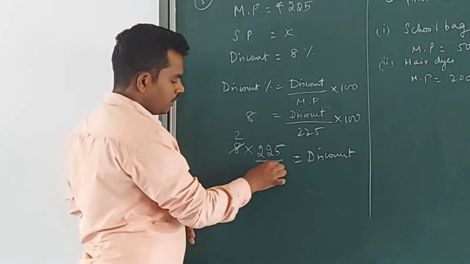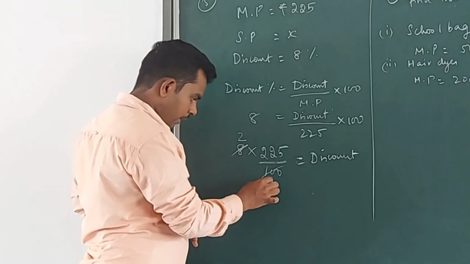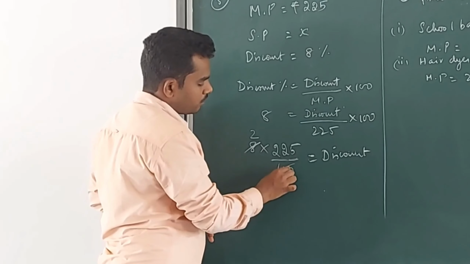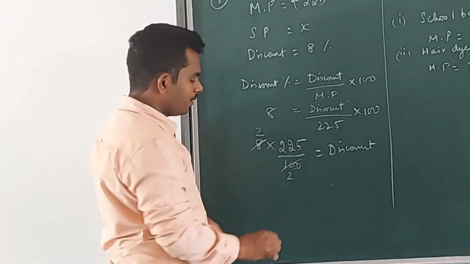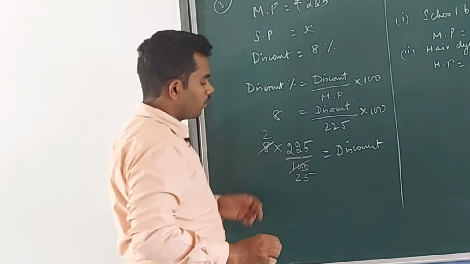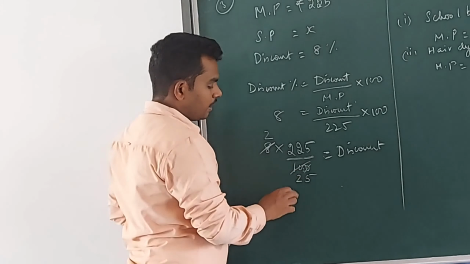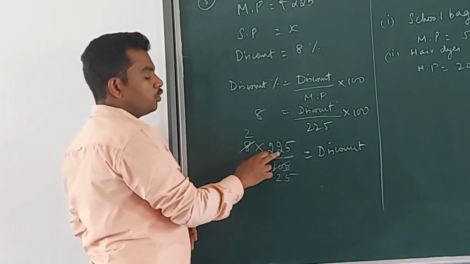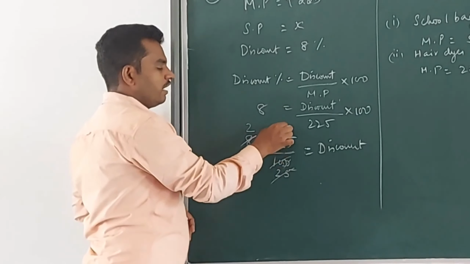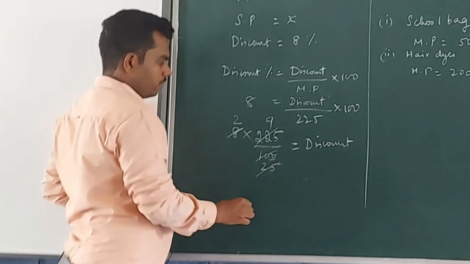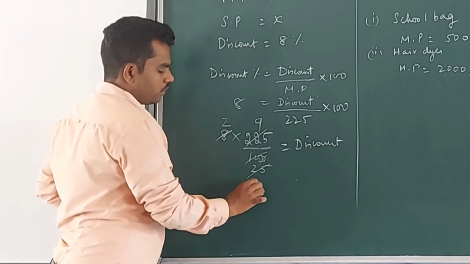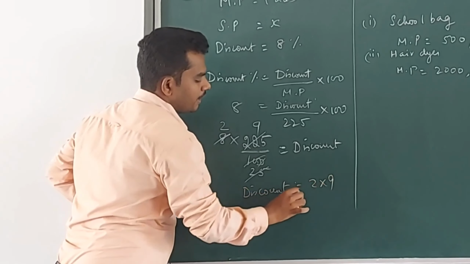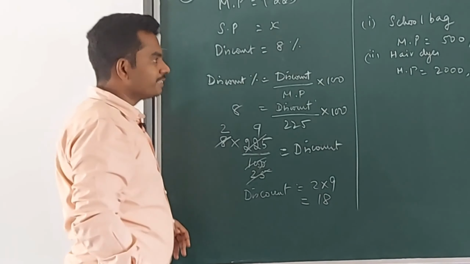So 2 here, again 4 2s are 8, remainder 2, 4 5s are 20. Okay, so 25. So here 25, here 225, 25 9s are 225. So here discount equal to 2 into 9, 18, 18 rupees discount.